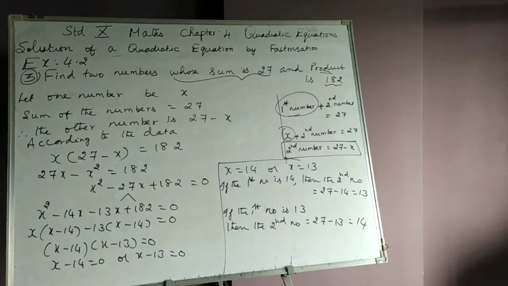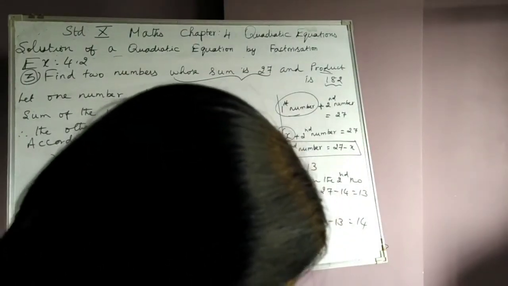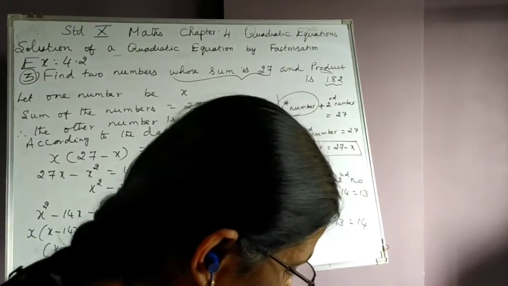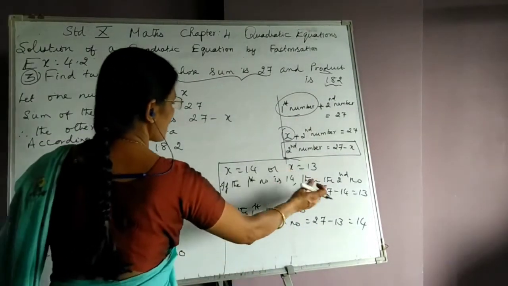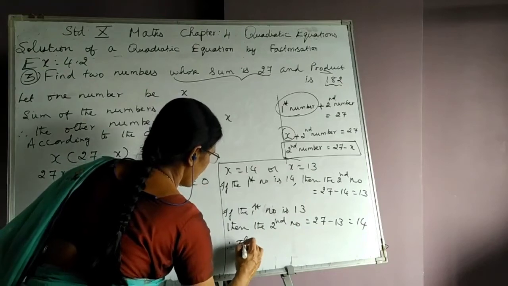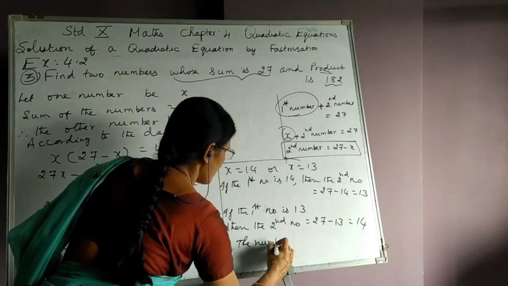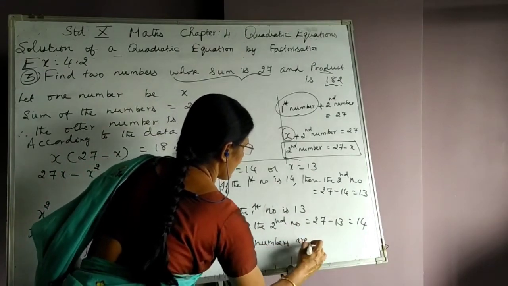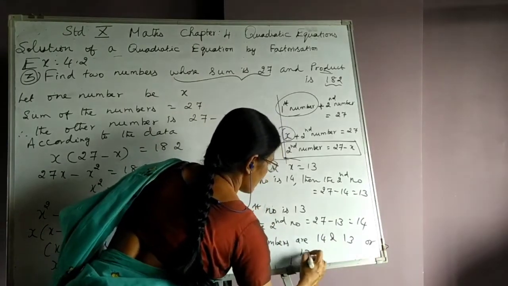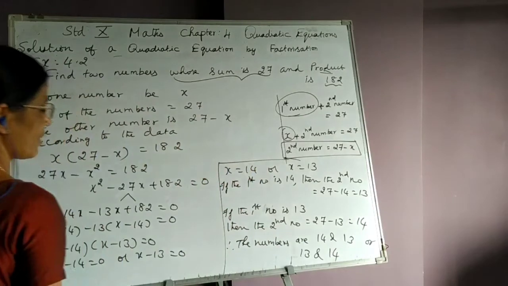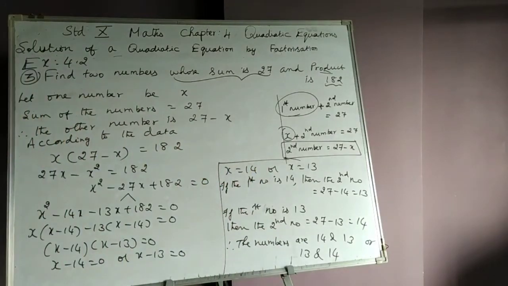Therefore, the numbers can be 14 and 13 or 13 and 14. So, in both the cases, we are getting the same pair. Therefore, I write the numbers are 14 and 13 or 13 and 14. I have written both the options. In both the ways, the numbers are same, only 14 and 13.